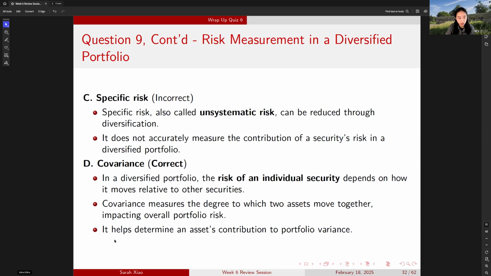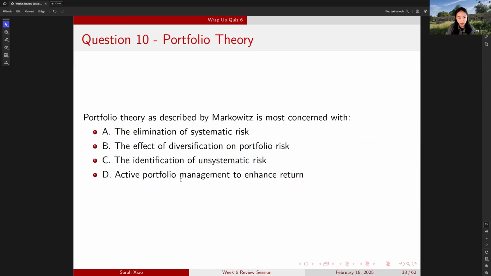As a result, covariance helps determine an asset's contribution to the portfolio variance. So the correct answer is D, covariance. All right, question 10 is about Markowitz portfolio theory.